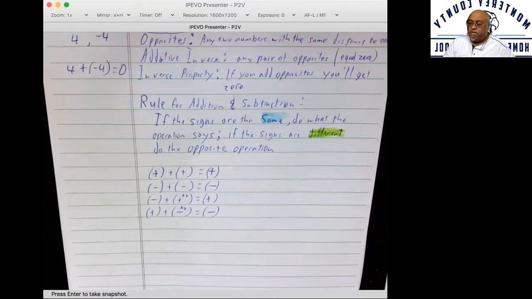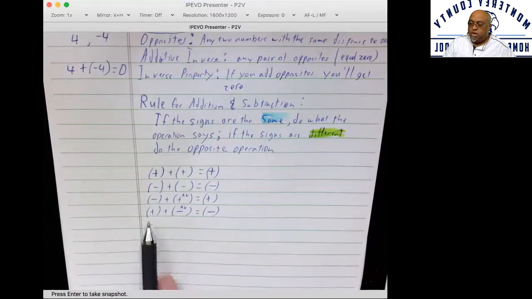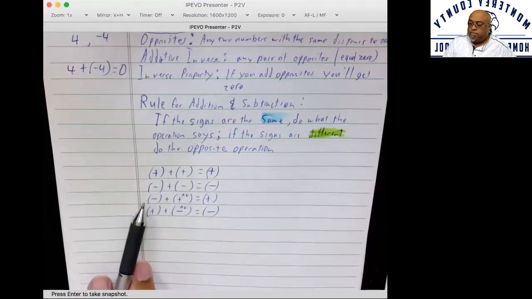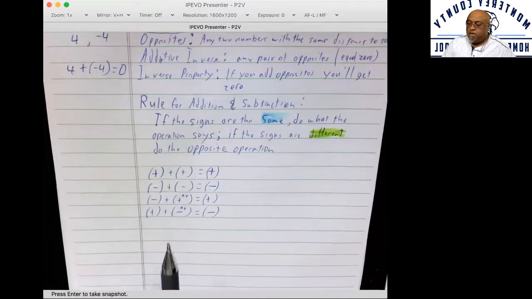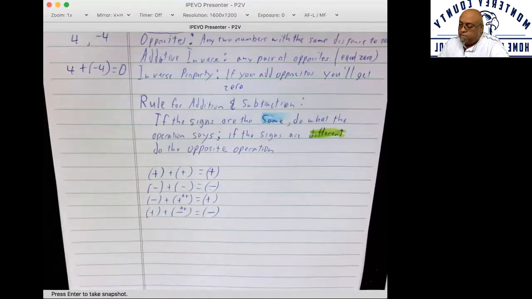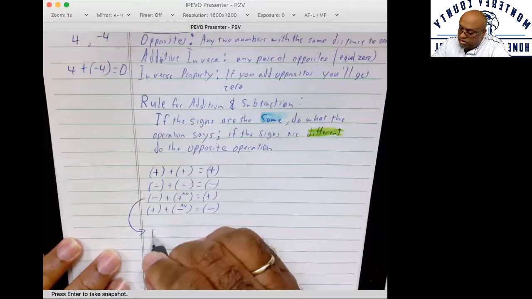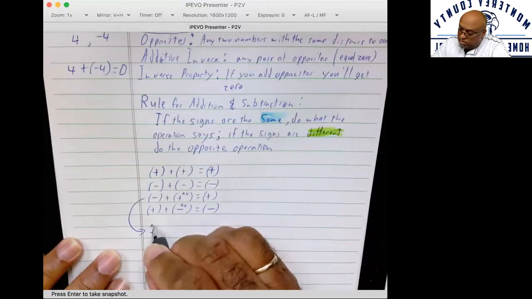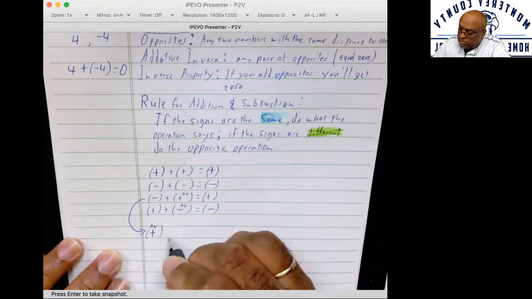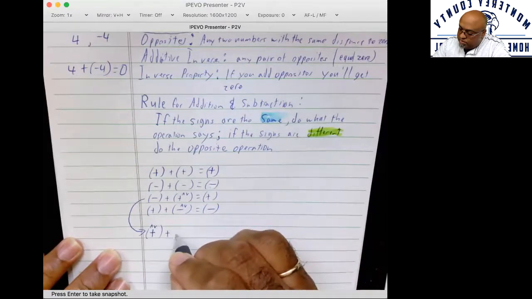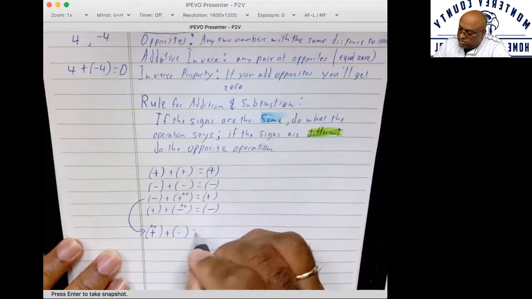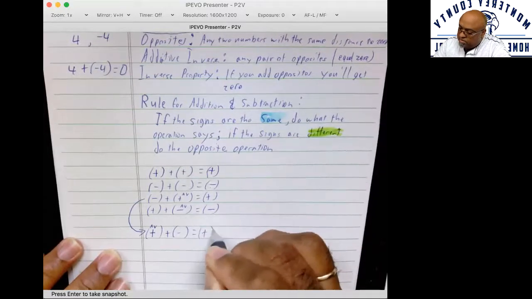Now I want to say for the last two problems here, the order doesn't matter. Like for example, this one, I could write it in this order. A positive with a greater absolute value plus a negative is still going to equal a positive.